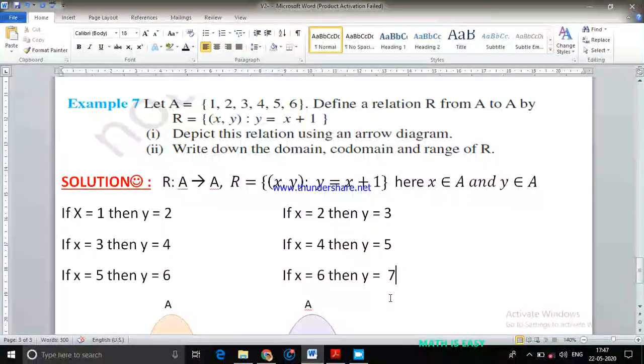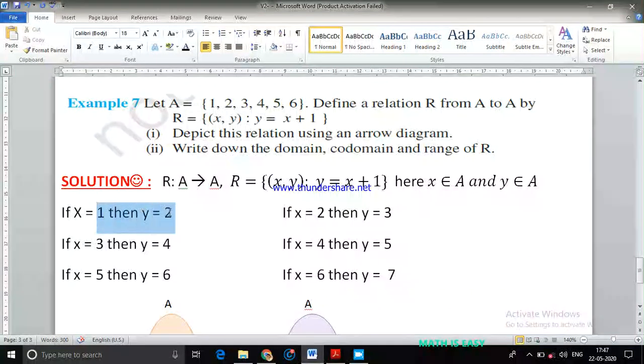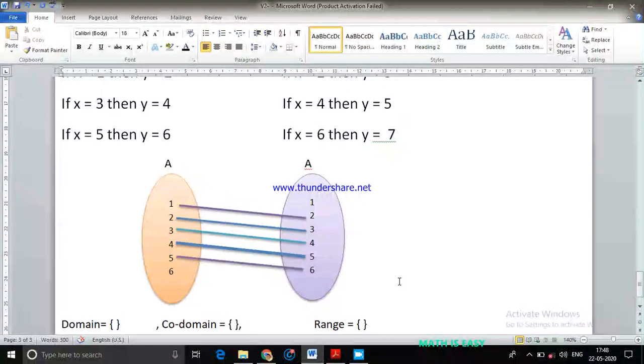Now if I want to represent this in the diagrammatic way, my first point is (1, 2), where x is 1 and y is 2. Then the next points are (2, 3), (3, 4), (4, 5), (5, 6). I cannot write (6, 7) because 7 is not an element of A. So this is the diagrammatic way.